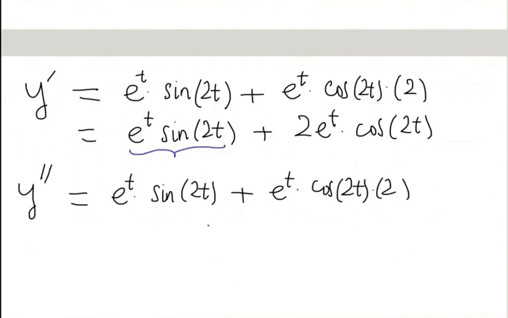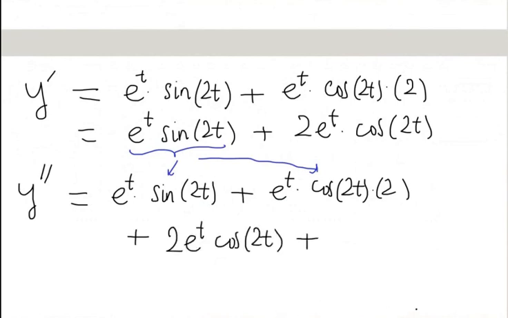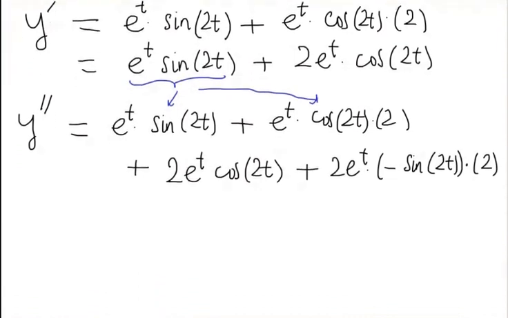The first gives us these two by the chain rule. And for the second piece, we have another chain rule: 2 e to the t cosine 2t, 2 e to the t. For the derivative of cosine, we have negative sine 2t. And don't forget the chain rule.